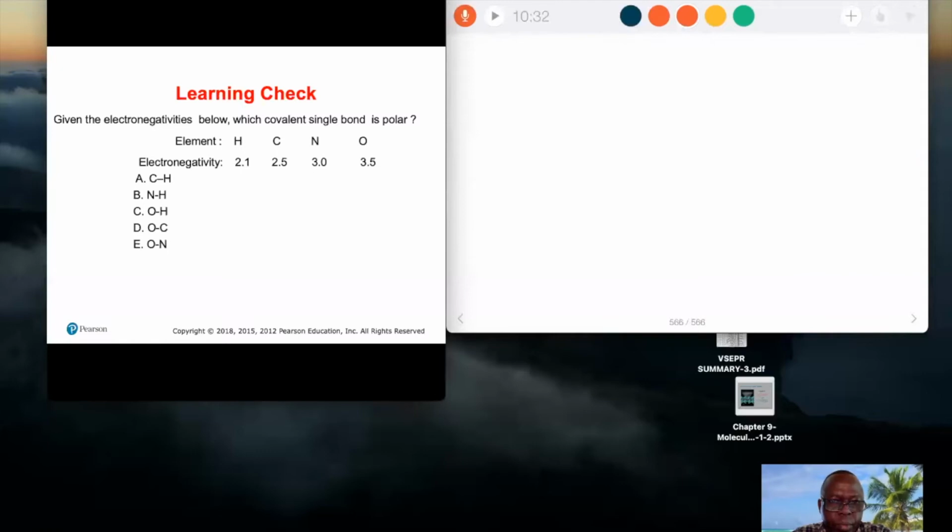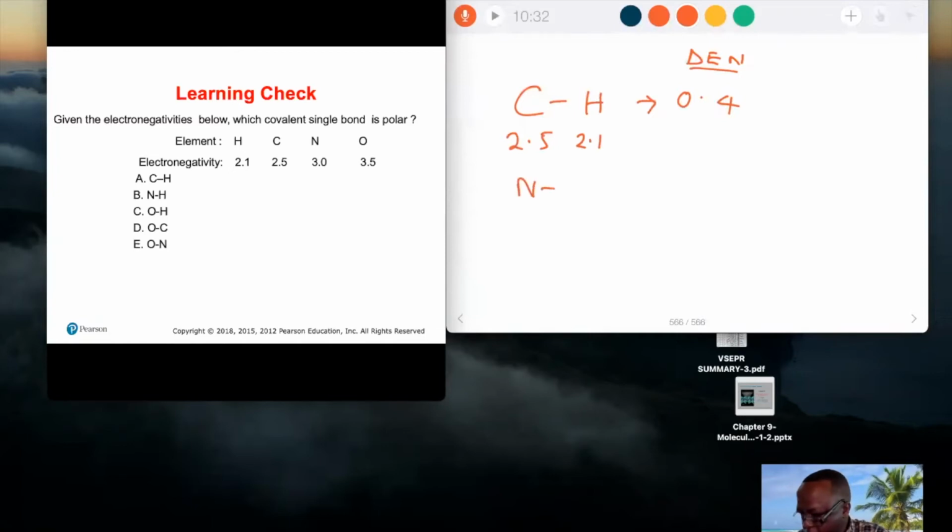So CH right here: carbon is 2.5 and hydrogen is 2.1. So the change in electronegativity value here is 0.4. Nitrogen, nitrogen, so this is 3.0.